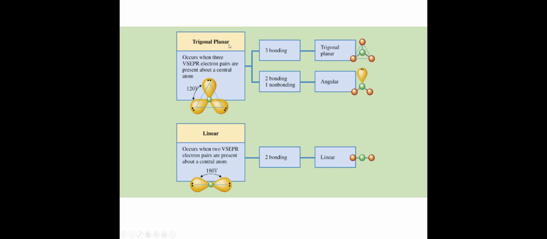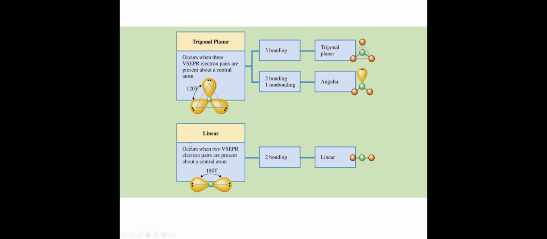They have a trigonal planar electron pair geometry. But these are the actual molecular geometries that we're going to focus on. So here we have trigonal planar, and here we have angular, which again is usually called bent. Your textbook leaves this one out, but I would call this, again, bent in most circumstances.